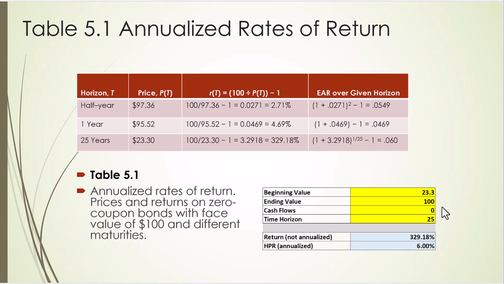It takes 25 years for this to happen. And if we look at this, the rate of return that's not annualized is 329.18%. And the HPR that's annualized, if you take annualization into consideration, is essentially 6% per year.